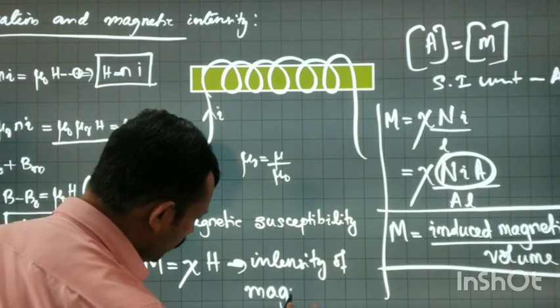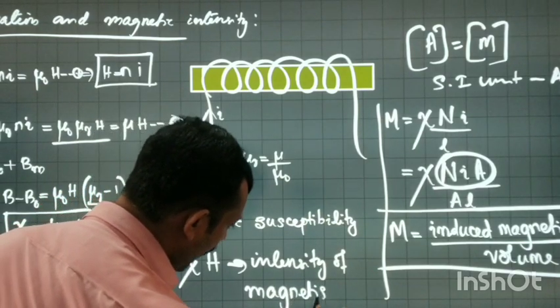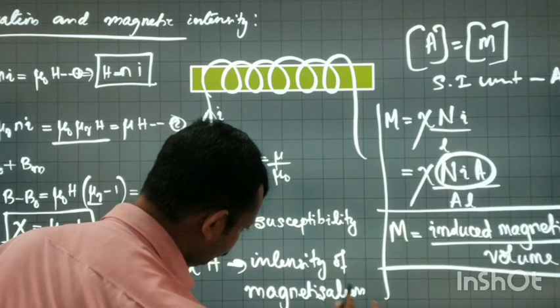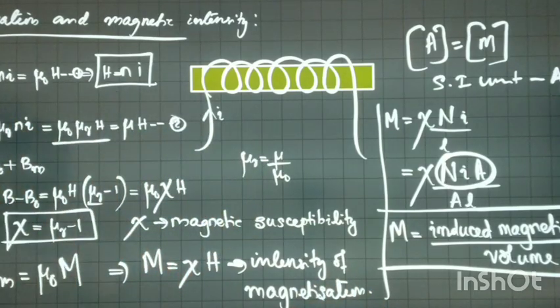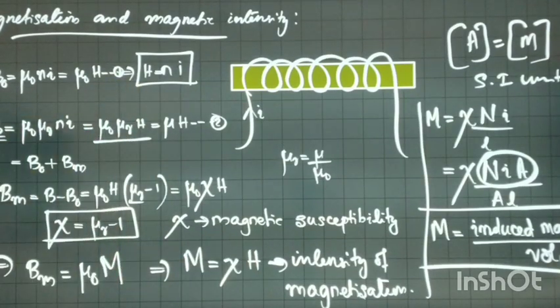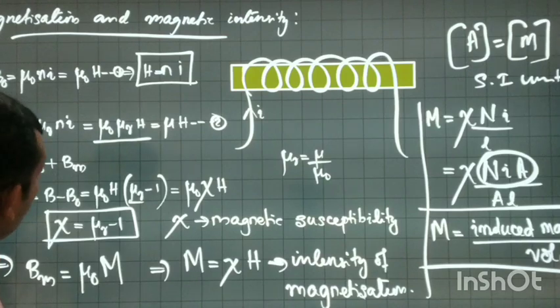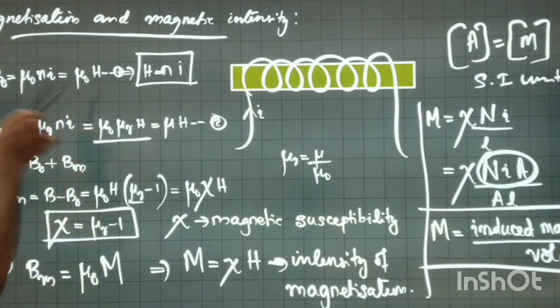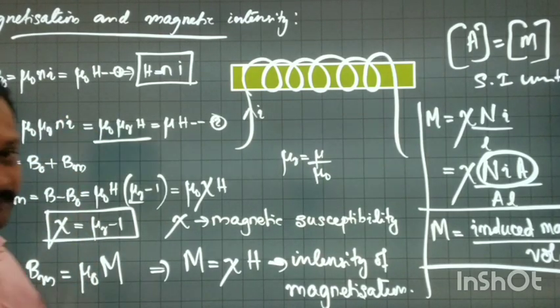M is called the intensity of magnetization. Okay, so hope this derivation is clear to you, because this is different from what is given in the NCERT. I felt that derivation to be a bit confusing, so that's the reason why I prefer this derivation.